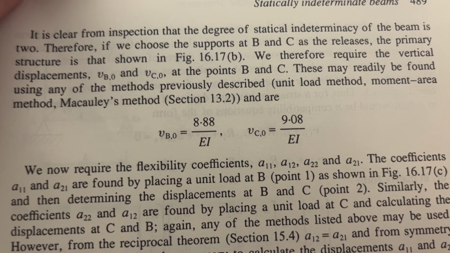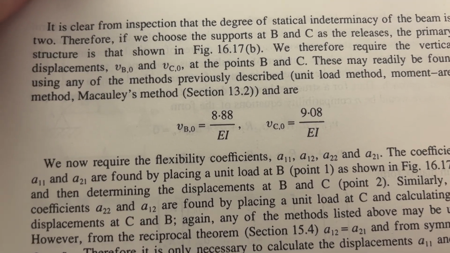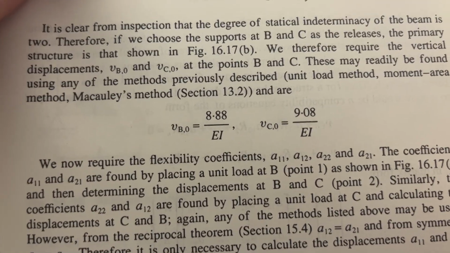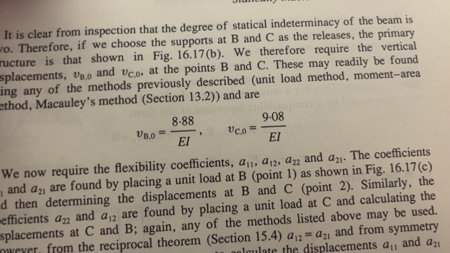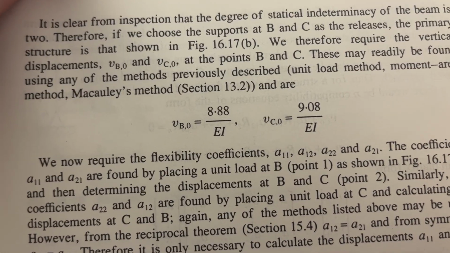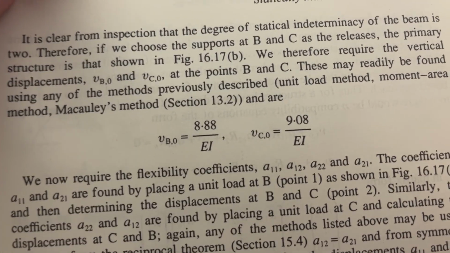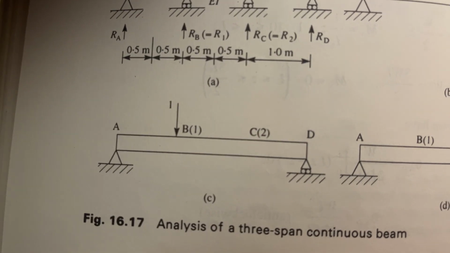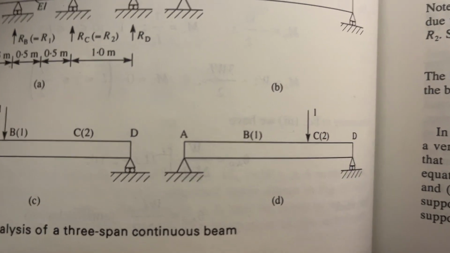So the deflections may readily be found using any of the methods previously described in this chapter. That's chapter 16: the unit load method, the moment area method, Macaulay's method, section 13.2. So the deflections are, for a unit load of 1 downwards.